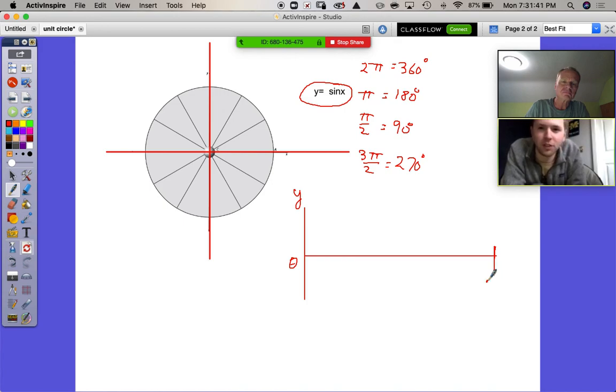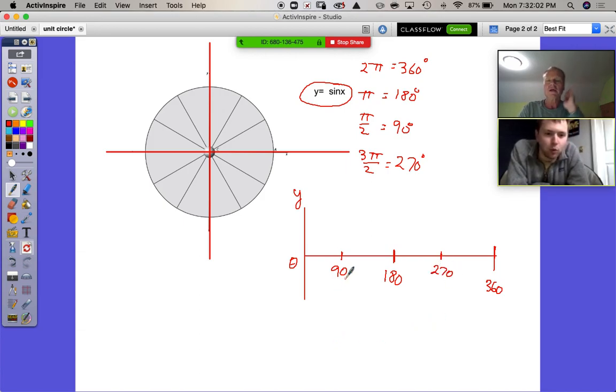So that'll be 360. Halfway in between the beginning and the end would be 180, and then halfway between 0 and 180 would be 90. And then between 180 and 360 is 270.